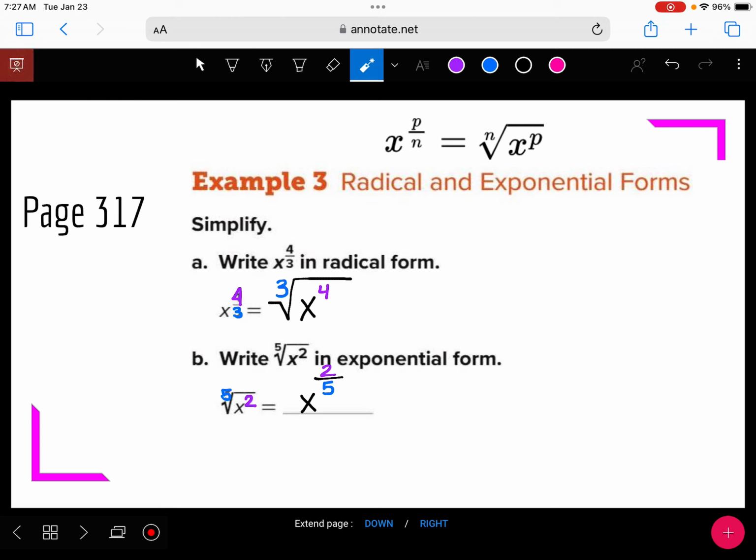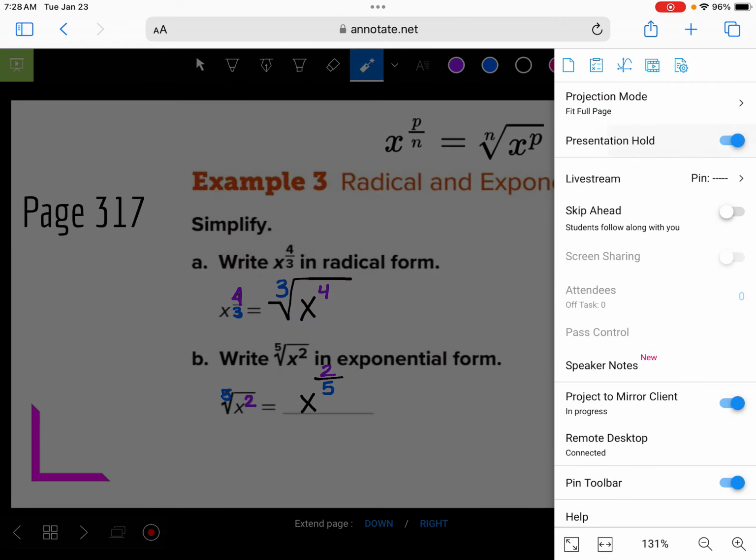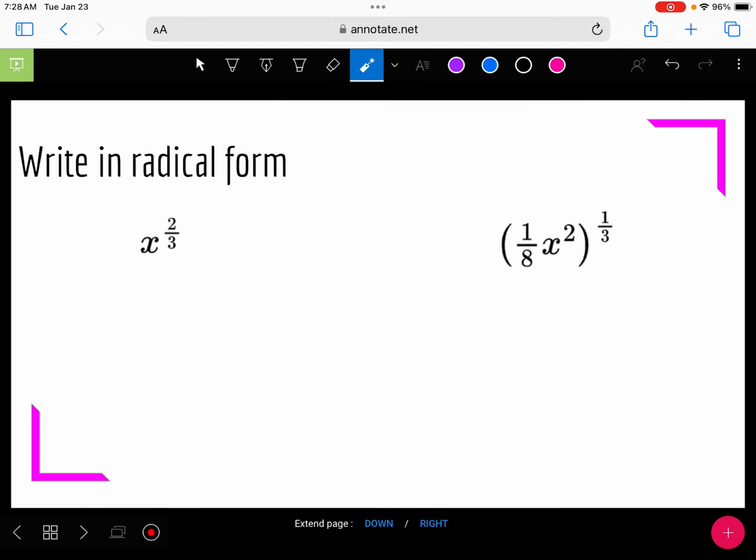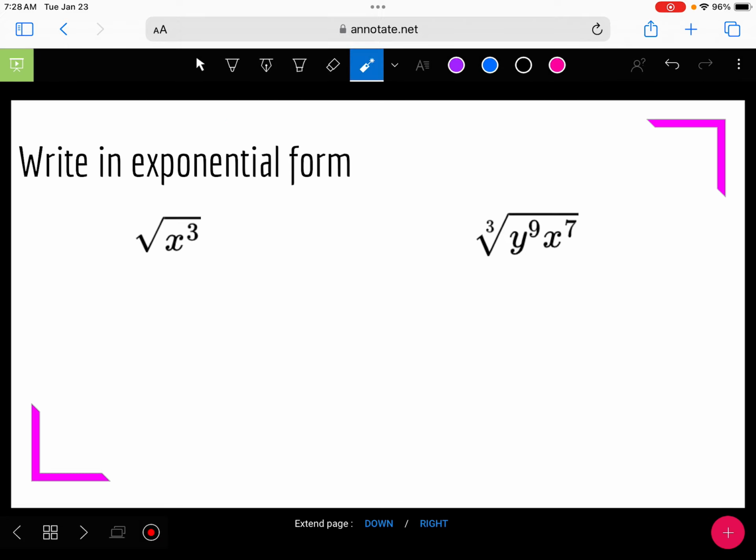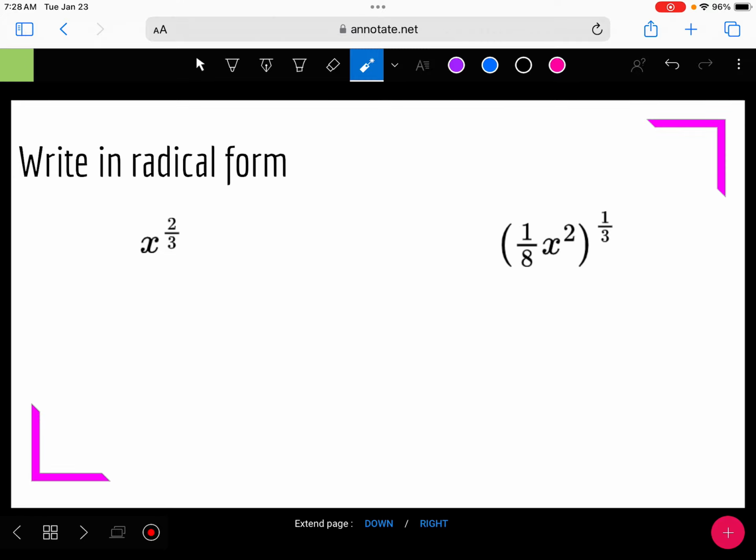Questions on the first ones of these? Okay, because we're going to start playing with them and we're going to be switching around between both forms. So the first thing we're going to do is write these in radical form.